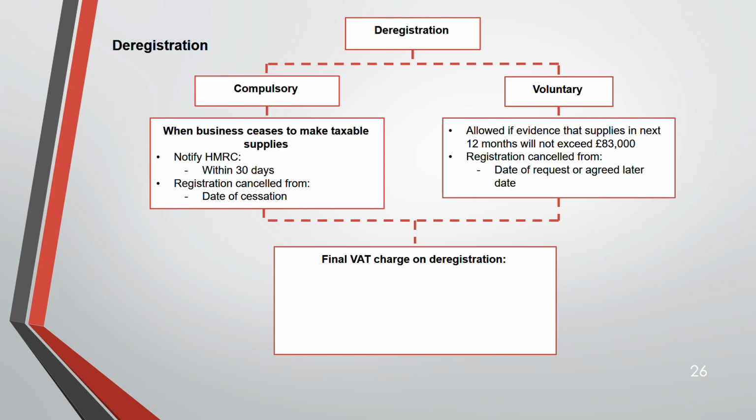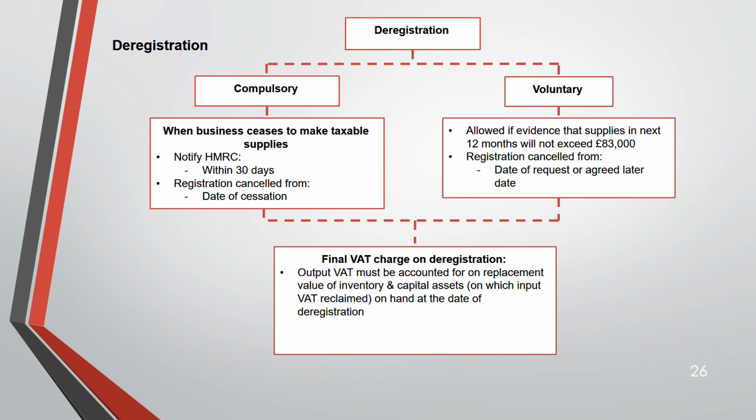Next, so now the final VAT charge on deregistration. Whether you are doing compulsory, whether you are doing voluntary, there's a final VAT charge on deregistration. So the output VAT must be accounted for on the replacement value of inventory and capital assets on which input VAT was reclaimed, on hand at the date of deregistration. Charge waived if VAT liability is less than or equal to 1,000.